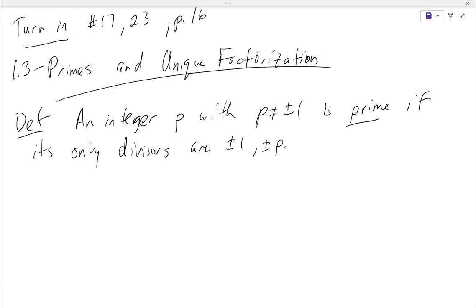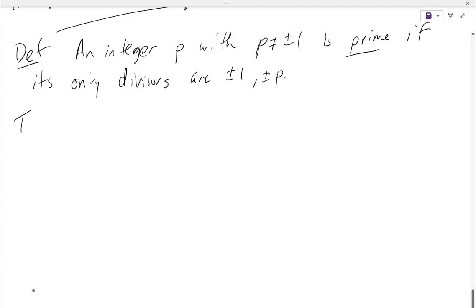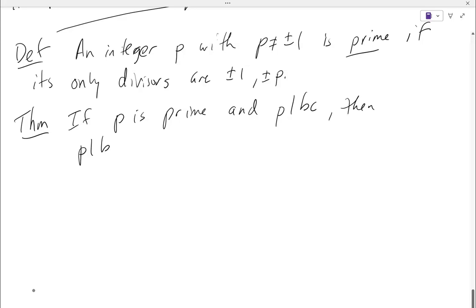So one of the things your book talks about is the positive and negative pieces, which I'm not going to worry too much about. What I am going to worry about, one of the best properties of being prime, is that if I know a prime divides a product, then it has to divide one of the pieces.